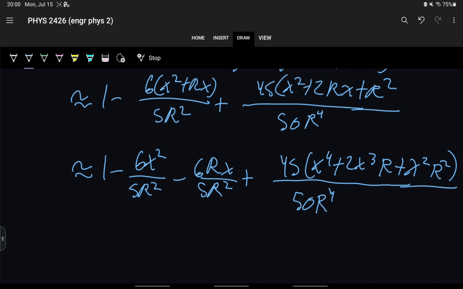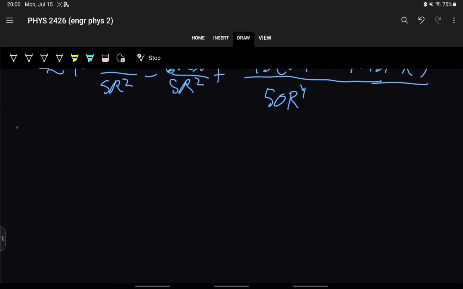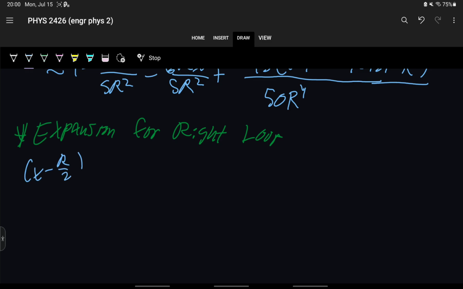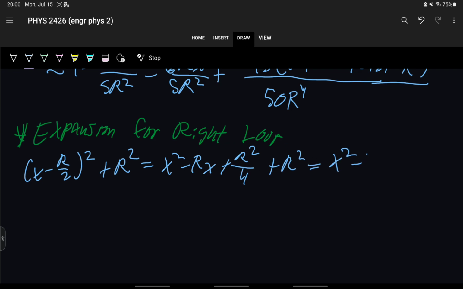So let's now look at the expansion for the right loop. We're going to have x minus r over 2 squared plus r squared, which is equal to x squared minus r times x plus r squared over 4 plus r squared, and that's all going to equal x squared minus r times x plus 5r squared over 4.